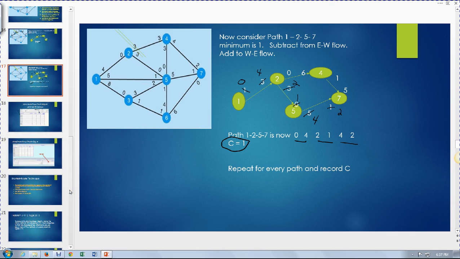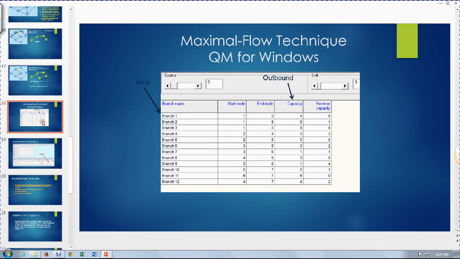So what we're going to use is QM for Windows. We have to determine how many branches we have by counting them. And then we fill in this data. Start node is 1 and end node is 2. The capacity in the forward direction and the reverse capacity. All this information we have, we just have to fill out this form.